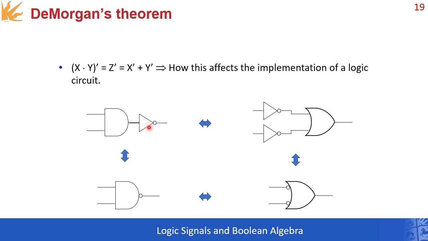Now, according to De Morgan's rule, this is an equivalent of having an OR gate where you have inverted both of the inputs. So if we use something which is shorter to symbolize the AND gate followed by inversion, we also call this the NAND gate. That would be equal to this gate over here, which, as you can see, is an OR gate with both of its inputs being inverted.